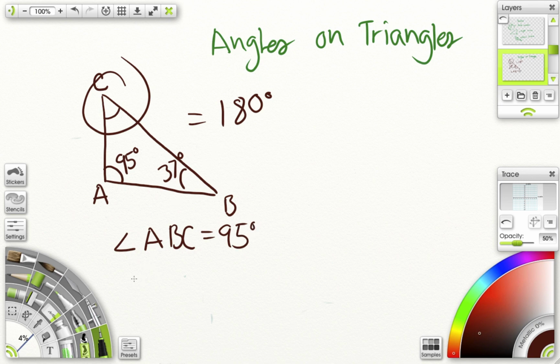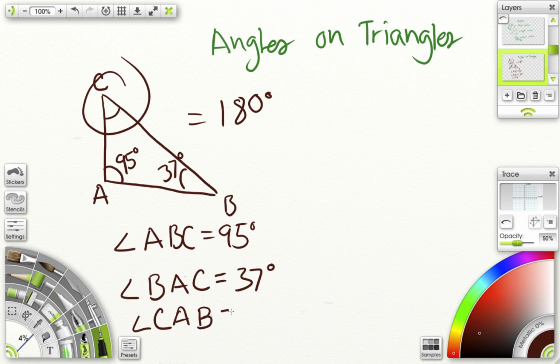This angle right here is called angle BAC, and that equals 37 degrees. And my last angle is going to be called angle CAB. I have to figure out what that angle measure is.